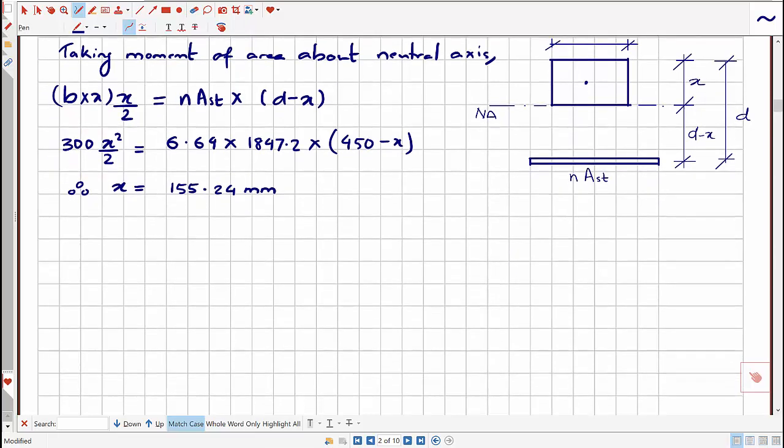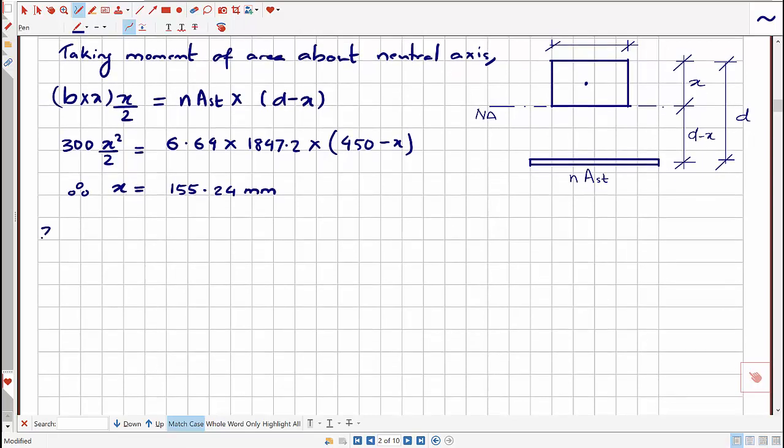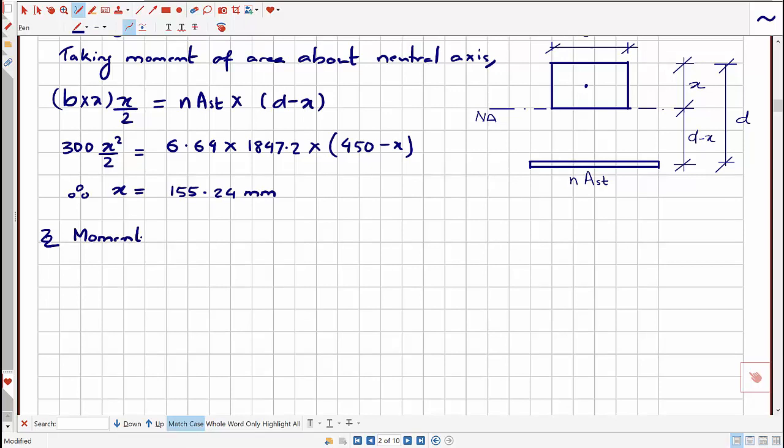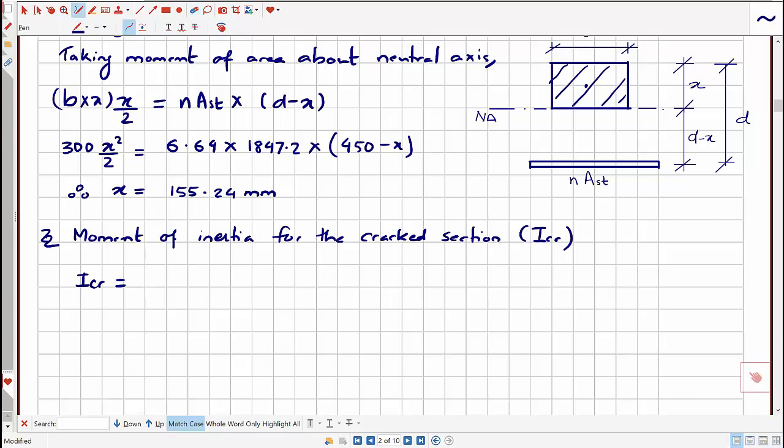So once we find the neutral axis depth, we can proceed to find the cracked moment of inertia. It is denoted by Icr, and we are finding the moment of inertia about the neutral axis for the concrete part, and also the transformed steel area about the neutral axis.